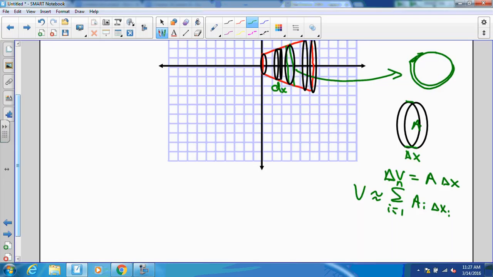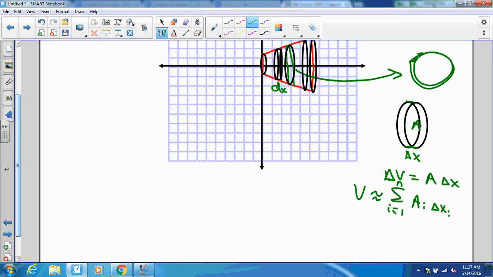I'm choosing to pretend that my little thin circular slice has a constant radius, even though it doesn't. That's okay, because if I choose the largest radius, I will get an upper bound for my volume. If I choose the smallest radius, I get a lower bound for my volume. And if I let the number of slices go to infinity, guess what happens? The upper bound and the lower bound meet, and that number that I get is the volume of this solid.